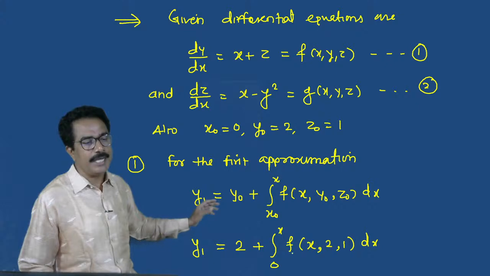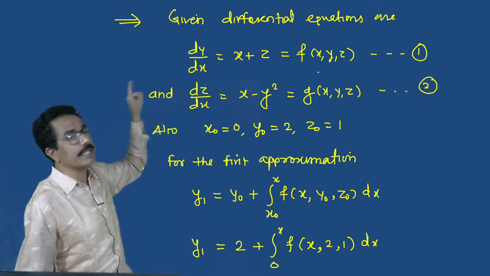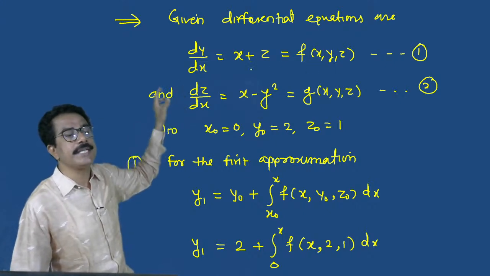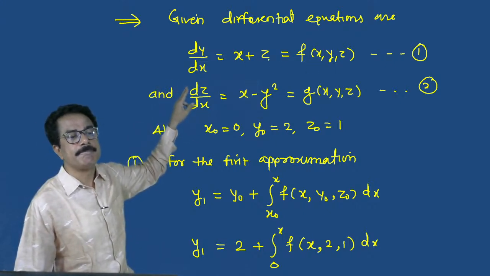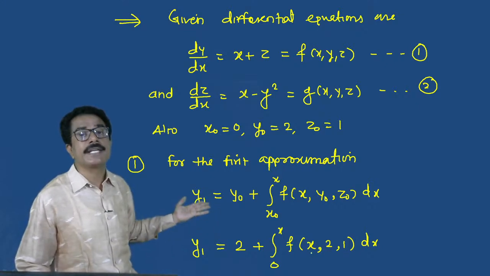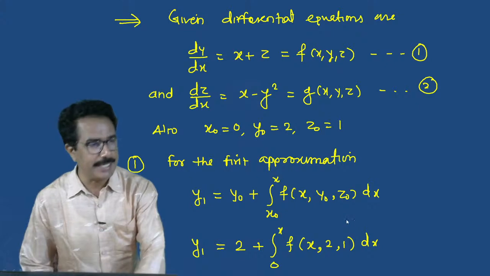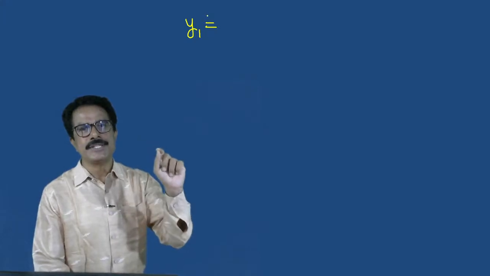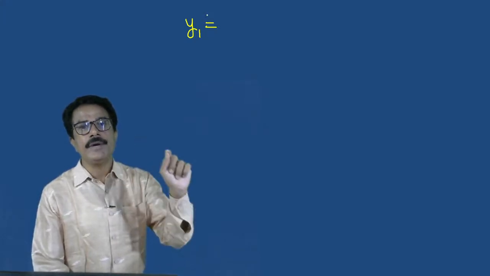What will you do now? In the function f, that is, in equation 1, f of x comma y comma z is x plus z. But in this case z is 1, y is 2, x as it is. So we can write y1 equals, note that in Picard's method u1 of x is also denoted by y1.